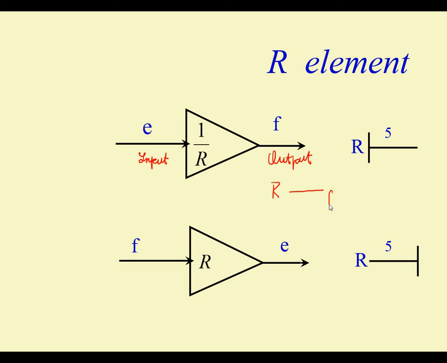You immediately put F in here. What's the input of this? This is E. That's how this represents this. And the opposite is true in this case. In this case, if you put the R element and you say the output of this is E, then you have this joint, see? This is the effort, which is the output, this is the flow, which is the input.